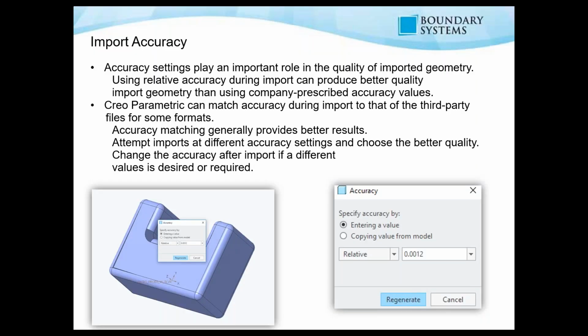Okay, so just something I wanted to highlight as well is the importance here of the accuracy settings that you use. As you import this geometry, I think most of the time they will have an assigned accuracy to it that was created in whatever program it was designed in. So the ideal situation, you need to match that or even better that.